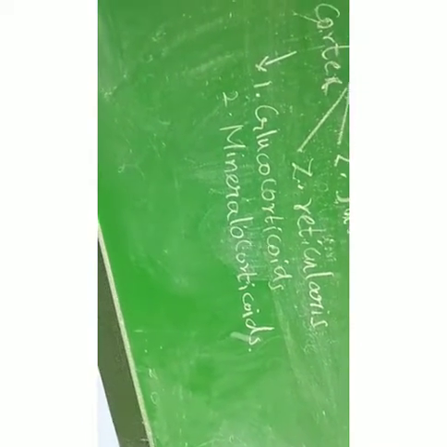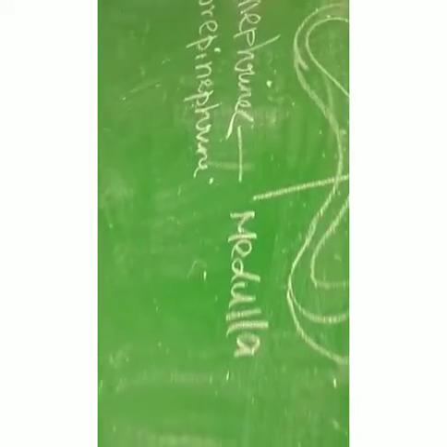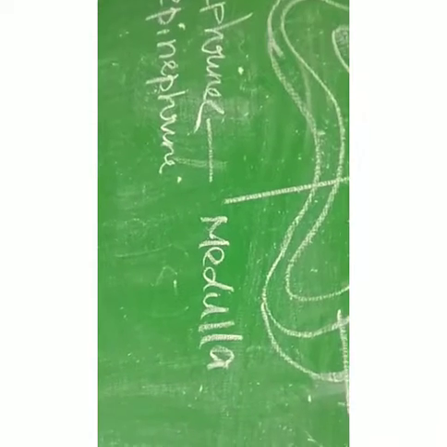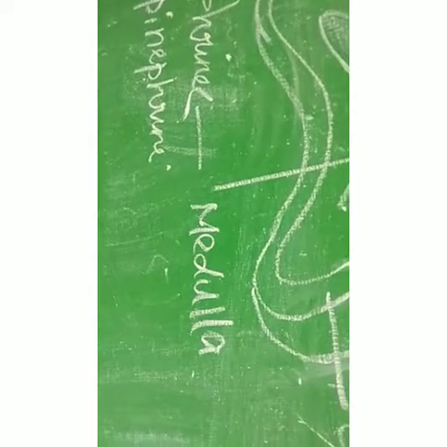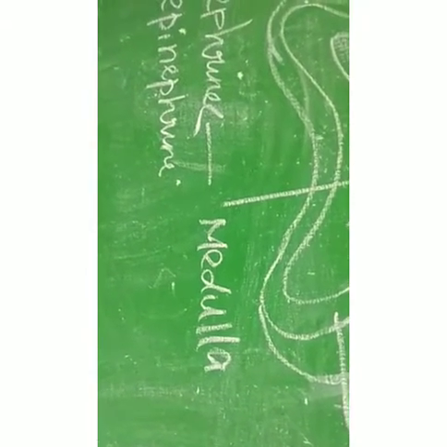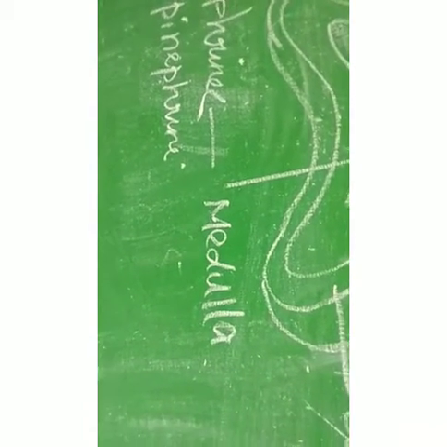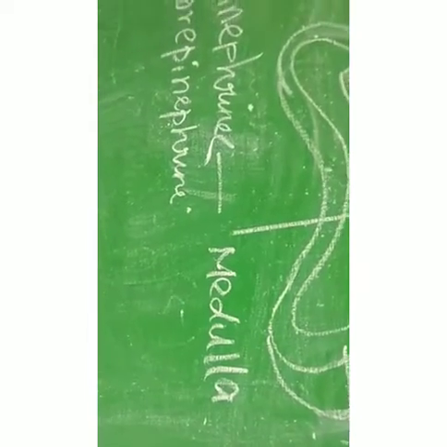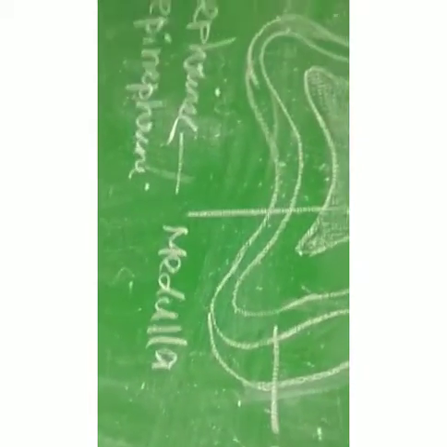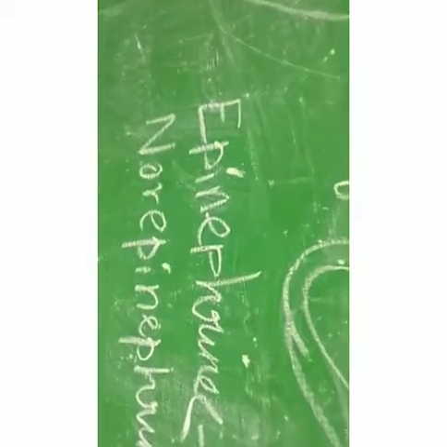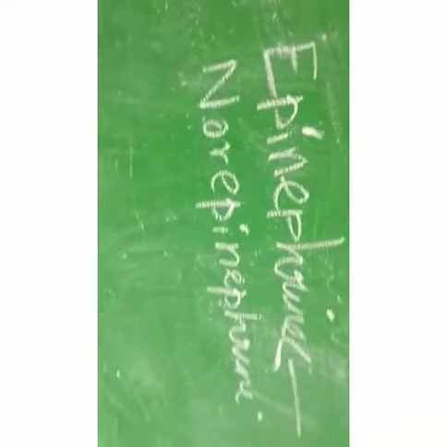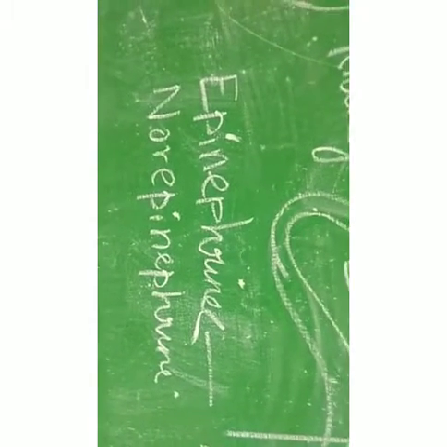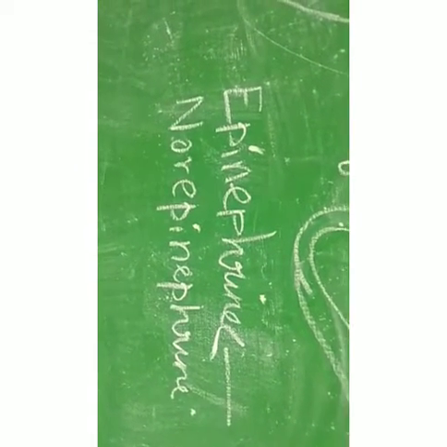Next we go to the adrenal medulla region. It is composed of cells called chromaffin cells. It is richly supplied with sympathetic and parasympathetic nerves. The adrenal medulla secretes two types of hormones, epinephrine and norepinephrine. Epinephrine is otherwise called adrenaline, and norepinephrine is otherwise called noradrenaline.